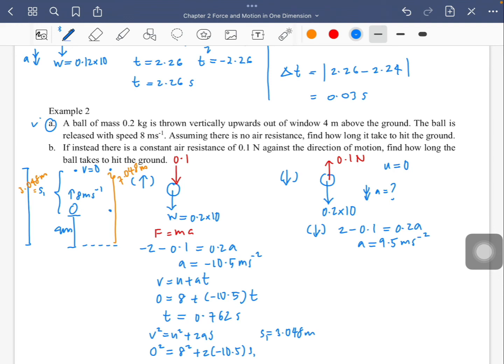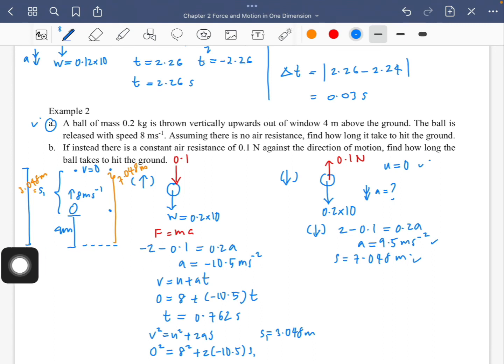So from the top to the ground, we already have S equals 7.048 meters. With this value of a and the value of S, and the initial velocity at the maximum height, we want to find the time taken from the maximum height to the ground.